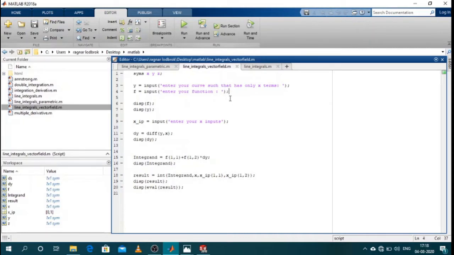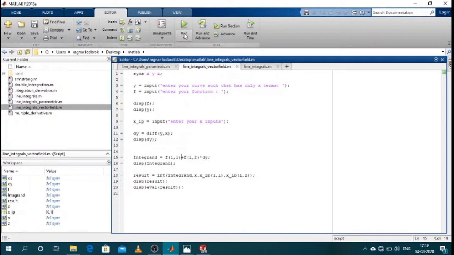This is your integrand, and you integrate everything with respect to x. Basically we are simplifying y and z in terms of x. So let's run this code.